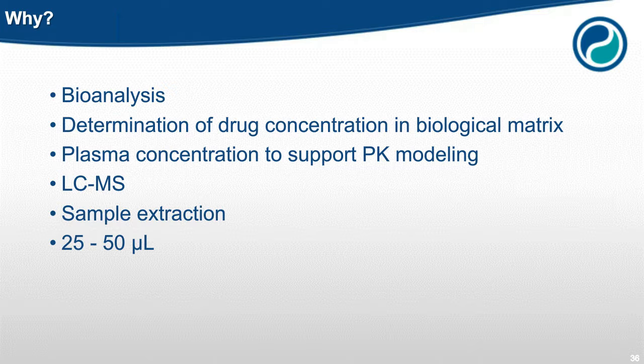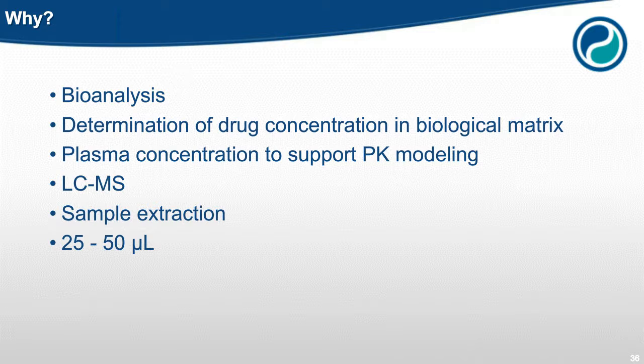Sometimes scientists are a little concerned to use different matrices. So the question comes to, is there a way to simply just reduce the volume of plasma sample that we need to use? For information, usually for a preclinical study, the sample we need to use for bioanalysis will be about 25 to 50 microliter.